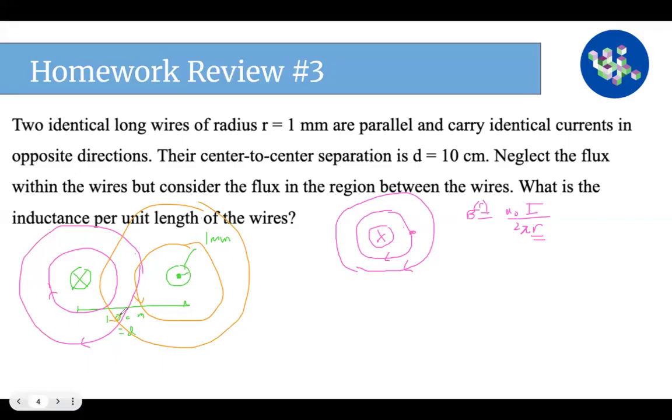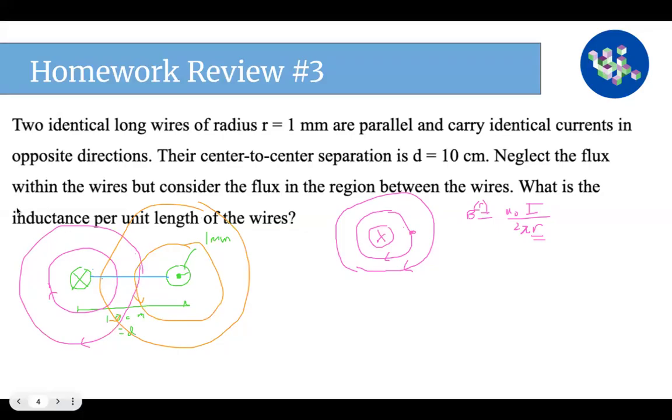Now if we want to find the total field in the region between the wires, essentially we're looking at this region over here. We want to find the flux in that region. How do we do that? Well, if I'm looking at this line over here, notice that along that line, the field due to both wires would actually be vertical, pointing downwards.